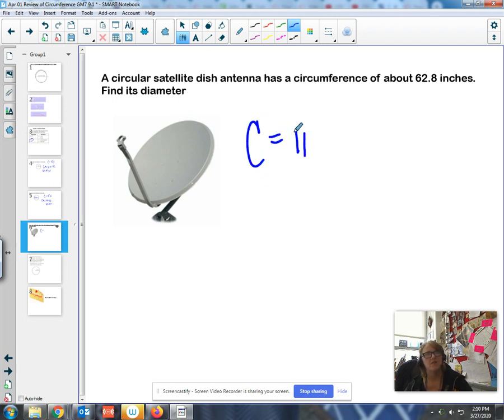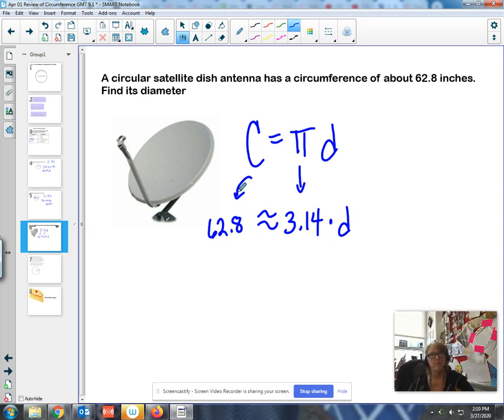Okay, now, lest you start going too quickly, here's our formula. I always know that pi is going to be approximated to be about 3.14. This one tells me the circumference. I already know it's 62.8. Ha! This time, we need to work backwards and figure out what the diameter is. So, we've got to go back to use our equation solving and say, 3.14 times what number gives me this? Undo this problem with algebra.